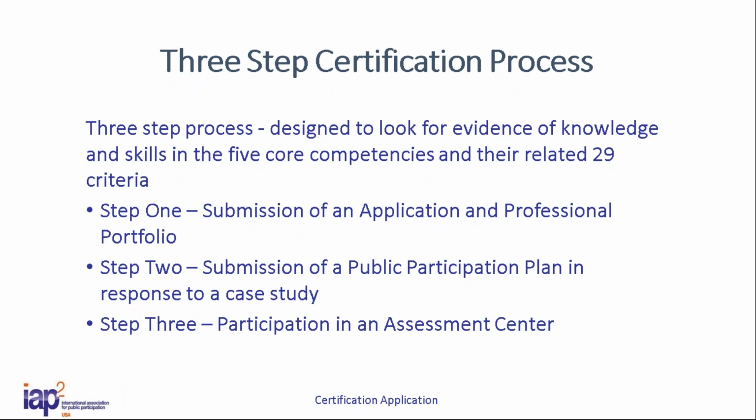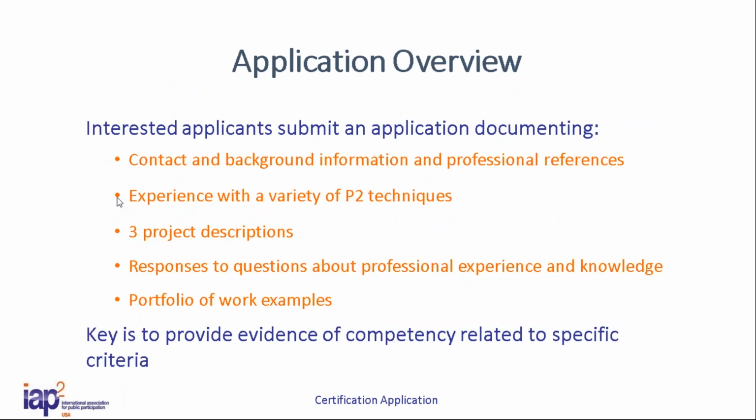So we do look for evidence of more criteria in the application than the 5 that are only assessed there, and it's really so that we can have some level of confidence that someone is ready to go on in the process. So next slide, please, Amelia.